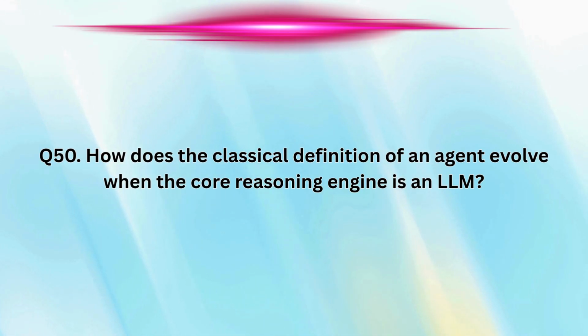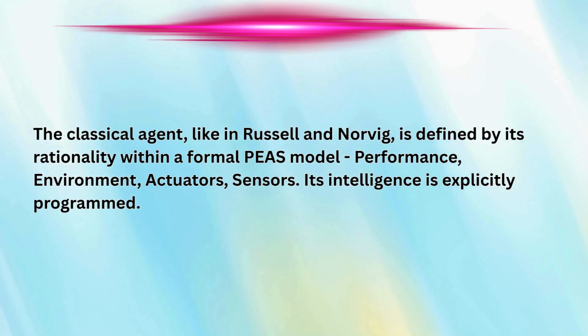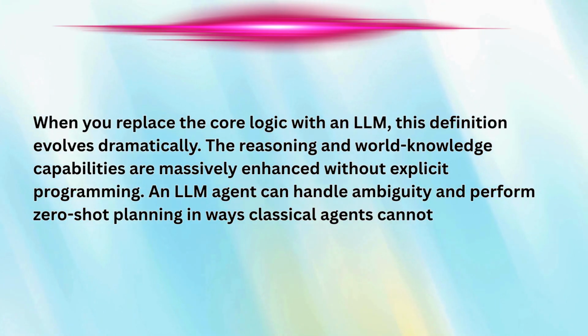How does the classical definition of an agent evolve when the core reasoning engine is an LLM? The classical agent, like in Russell and Norvig, is defined by its rationality within a formal PEAS model: performance, environment, actuators, sensors. Its intelligence is explicitly programmed. When you replace the core logic with an LLM, this definition evolves dramatically. The reasoning and world knowledge capabilities are massively enhanced without explicit programming.